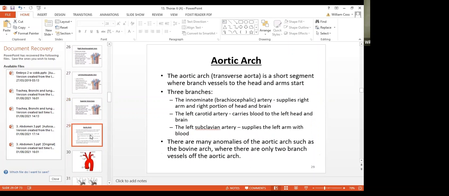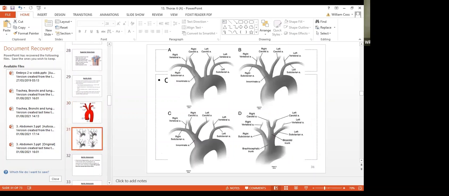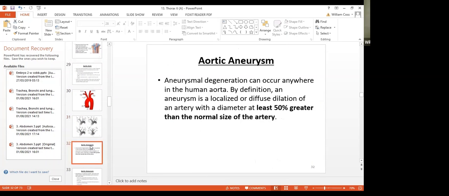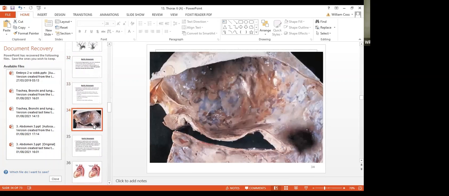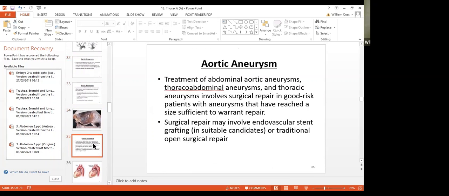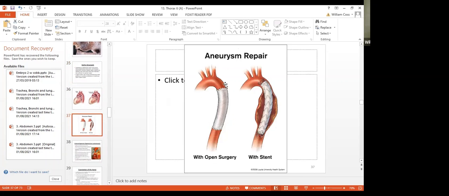Then we looked at the pathologies of the superior mediastinum, and began to discuss some of the embryological differences. We also talked about pathologies of the aorta and things like aortic aneurysms and how that significantly changes over time and how we can do different types of repair to manage that.